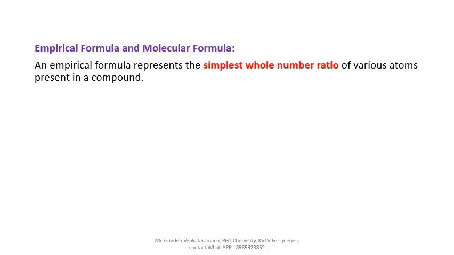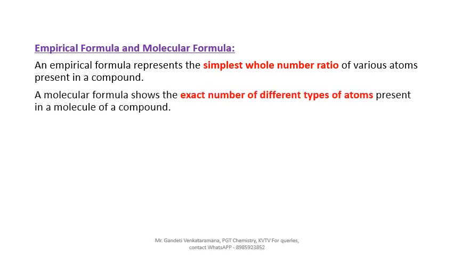First one, what is an empirical formula? An empirical formula represents the simplest whole number ratio of various atoms present in a compound. Focus on the statement: simplest whole number ratio of various atoms present in a compound.